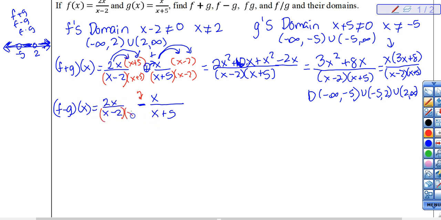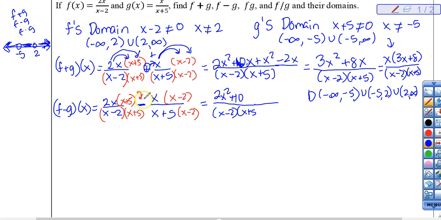So our first denominator wants the x plus 5, so we'll give it to our numerator and denominator. Second denominator wants the x minus 2. All right. So we now have a common denominator of x minus 2 times x plus 5. And our numerator, we're going to distribute as we go. 2x squared plus 10x.